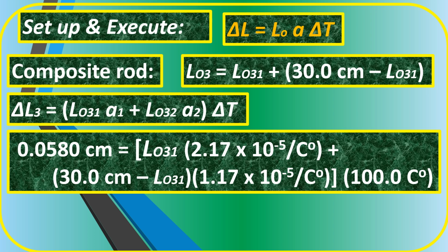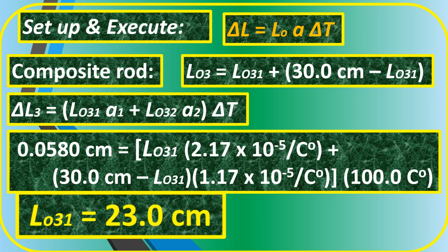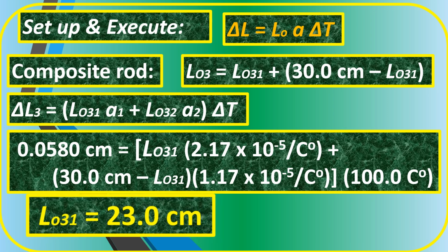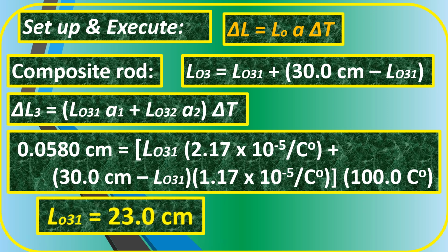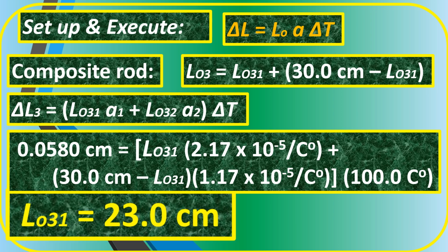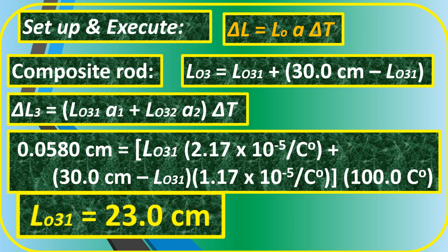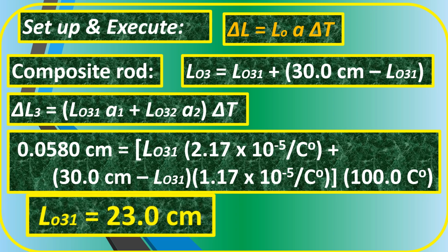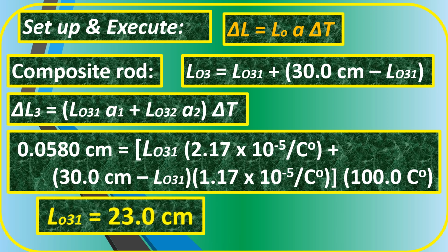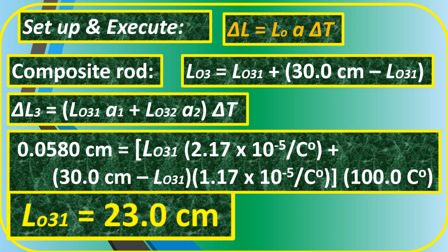And then all of this will be multiplied by delta T, 100.0 Celsius degree. So finally, doing our math, we will arrive at the value of L naught 31, the initial length of the rod 1 portion of the composite rod, equal to 23.0 centimeters in 3 significant figures.